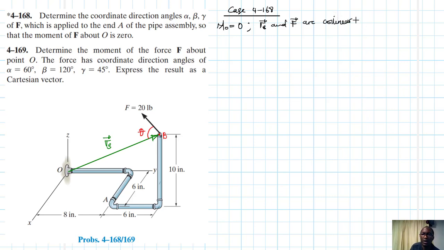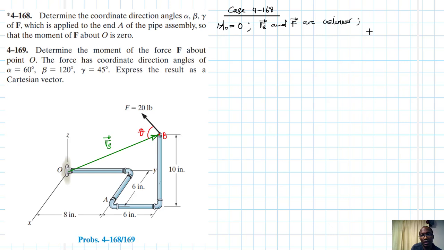And this will take place when theta is equal to 0 or 180. So we're going to have two cases. Now the direction angles for the moment arm should be equal to the direction angles for the force vector, for them to be collinear. So we'll just concentrate on finding the direction angles for the moment arm.